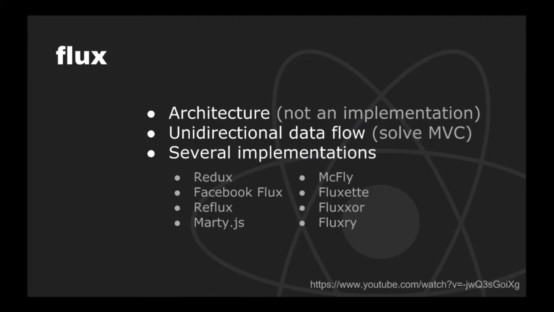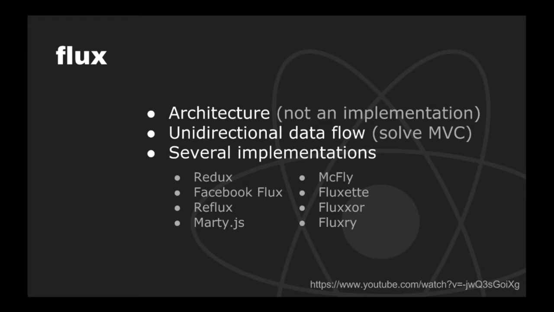So as I said, Flux was presented a year after React in 2014, and it's not an implementation, it's just an architecture, an idea on how Facebook is saying that we should implement the state mutations for a React application.